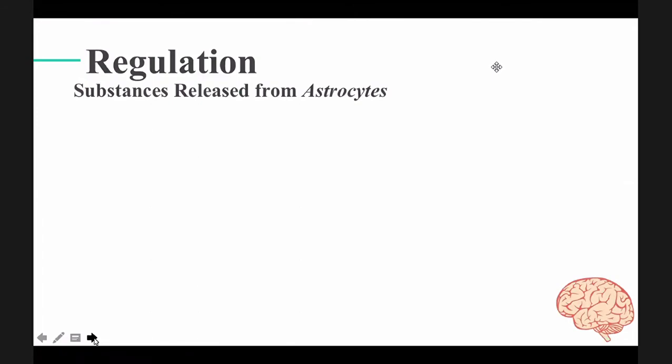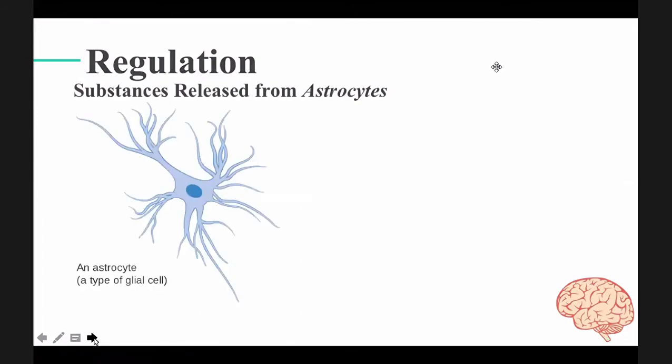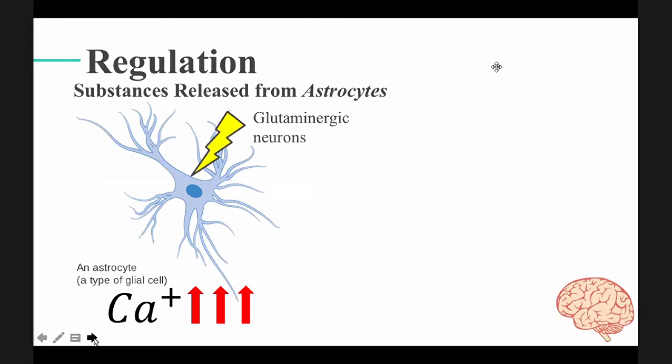The last is substances released from astrocytes. So yung astrocyte is a type of glial cell. Sobrang dami ng astrocytes in the brain tissue. They are glutaminergic, and that's because they use glutamine as a neurotransmitter. And the net effect is an increase in calcium, and this increase in calcium would result in vasodilation.